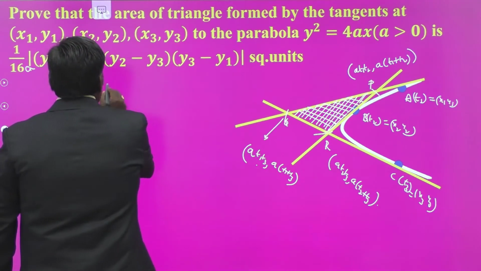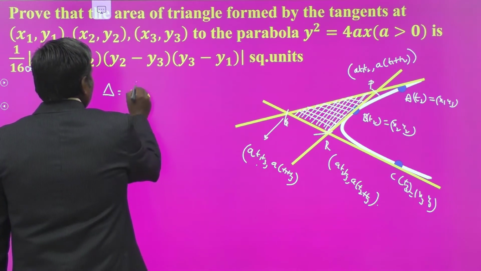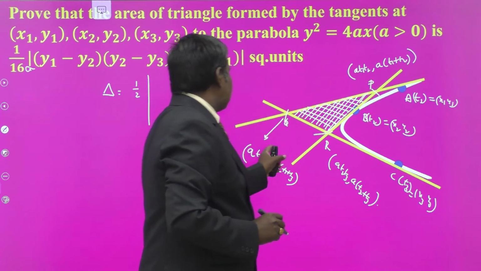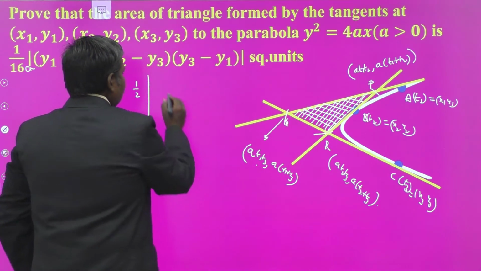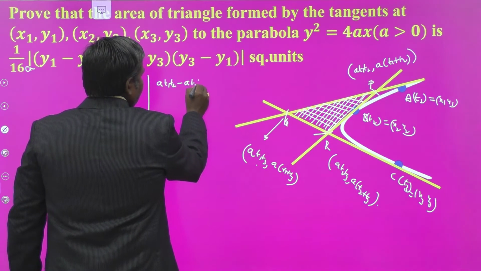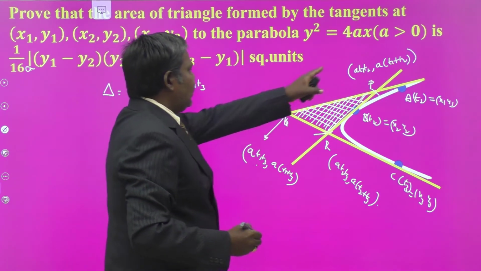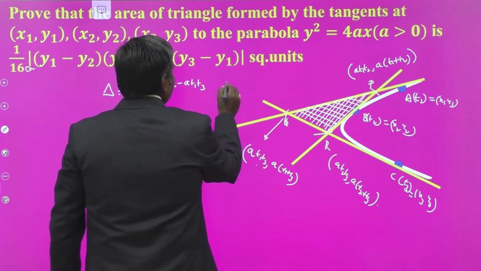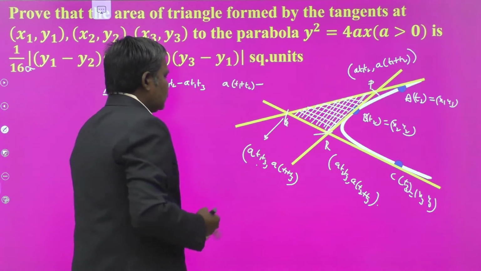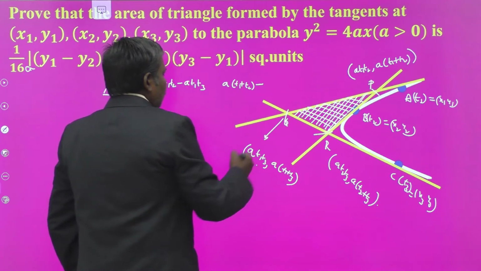Yes, the required area delta is equal to half determinant of this minus this. A T1 T2 minus A T1 T3 and A into T1 plus T2 minus A into T1 plus T3.